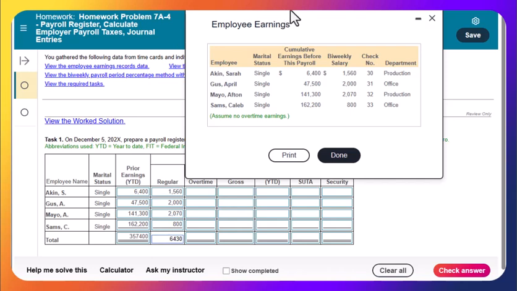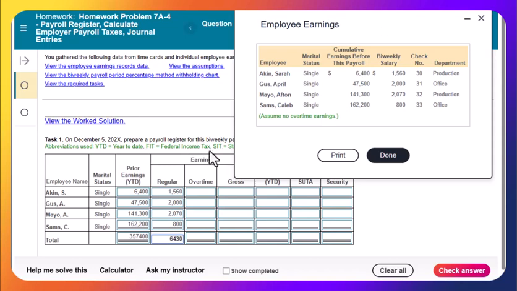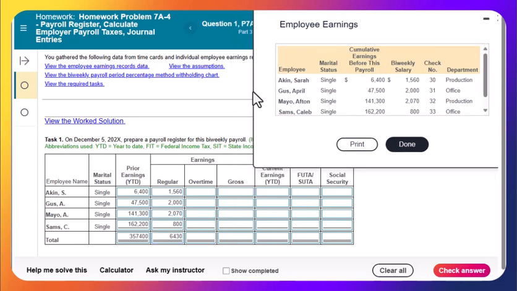And because these folks are salaried, all 4 here, none of them will be getting overtime, so we'll leave those blank. And then we can fill in gross earnings here. Because there's no overtime for salaried employees, our gross will be the same as the regular here. So we can copy paste again.